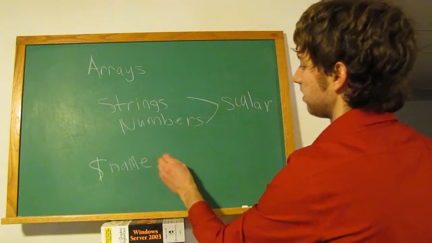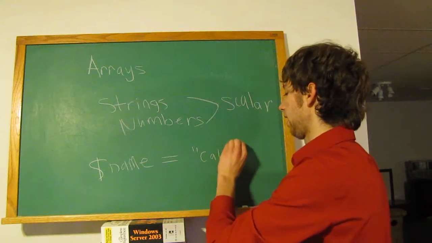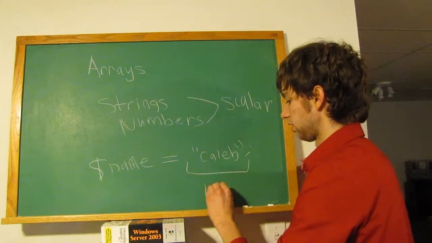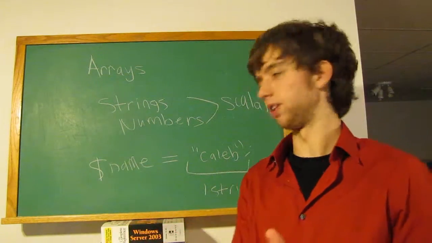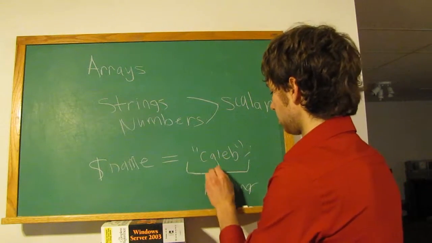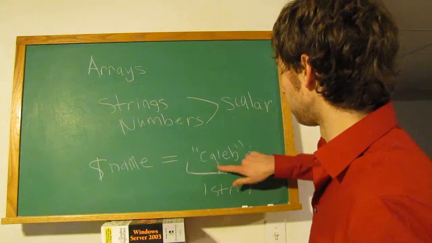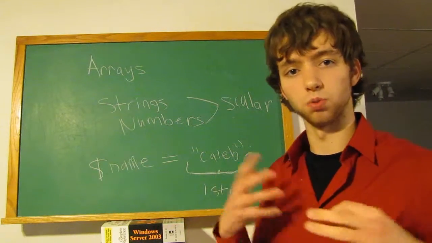Well, I can assign this the value Caleb. This whole thing right here is one string. You could break it up into two separate strings, but that doesn't even make any sense. So this whole thing is one string.